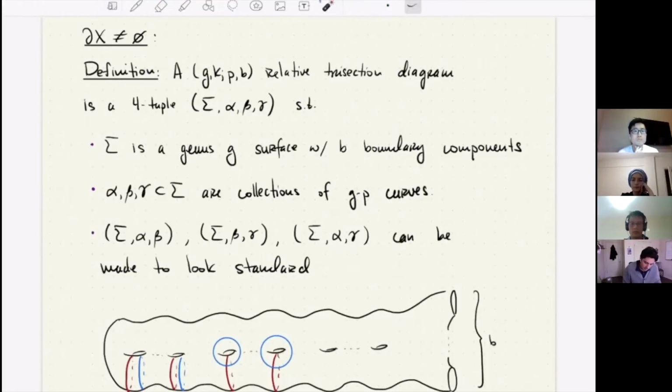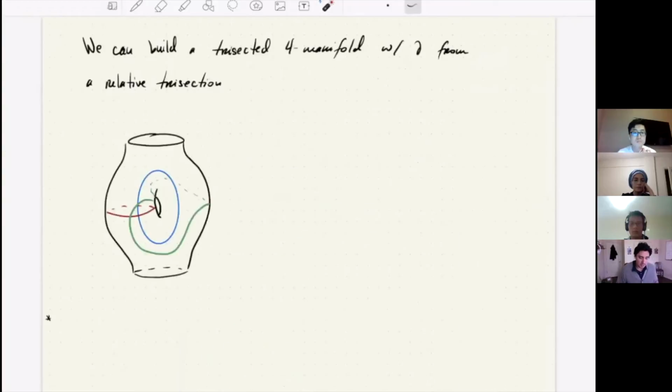Okay, and these numbers are awful to remember, but that's what they are. And again, the green curves are just on there doing their thing. And the idea is this corresponds to a four-manifold with boundary with a certain trisection structure.